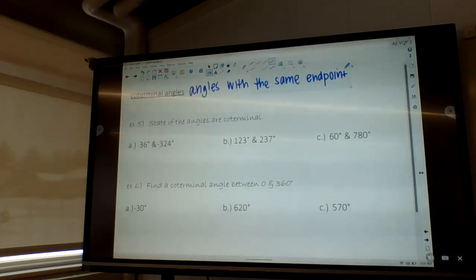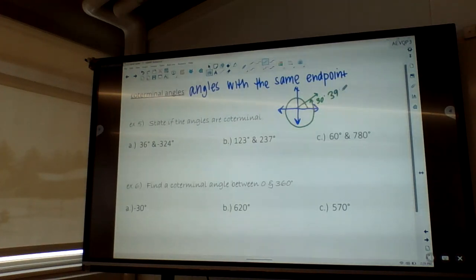So we want to know if these are coterminal angles. Let me give an example of a coterminal angle. I have a 30-degree angle here. What I would also say is a coterminal angle would be 390. Does that make sense?